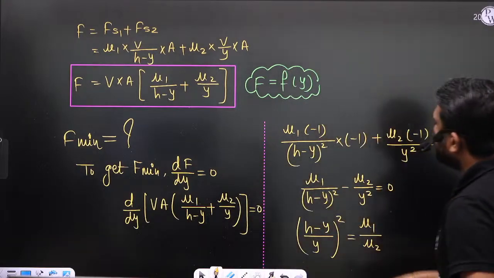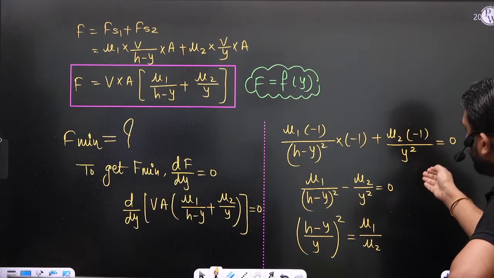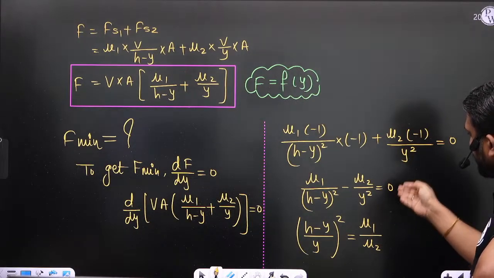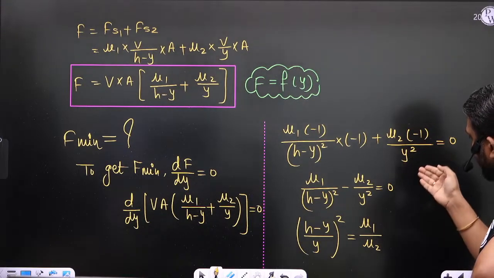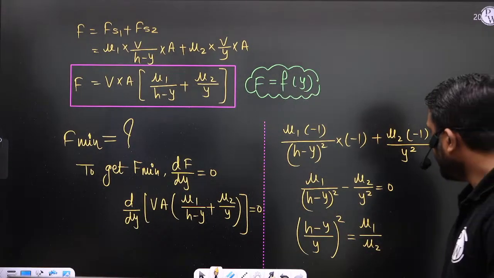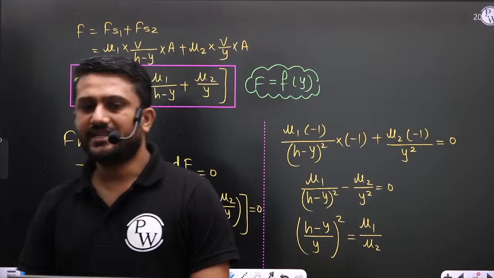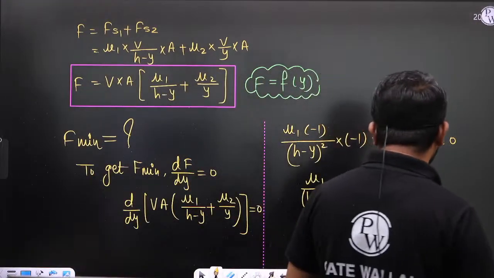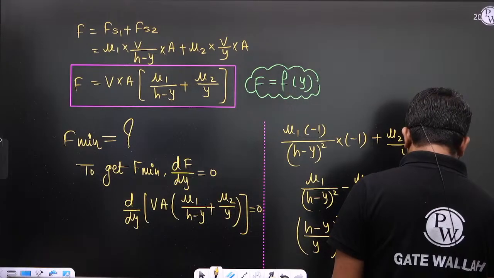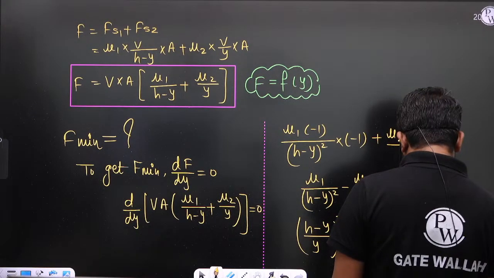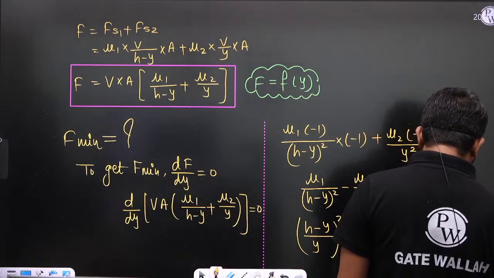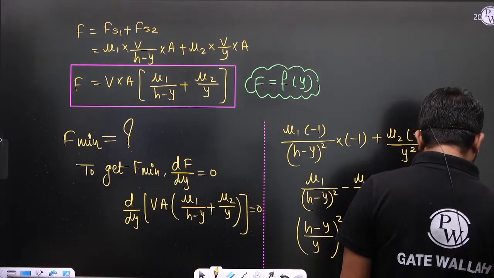Mu1 by (H minus Y) square is equal to mu2 by Y square. So (H minus Y) upon Y whole square is equal to mu1 by mu2, or simply (H minus Y) by Y is equal to plus minus root over mu1 by mu2.